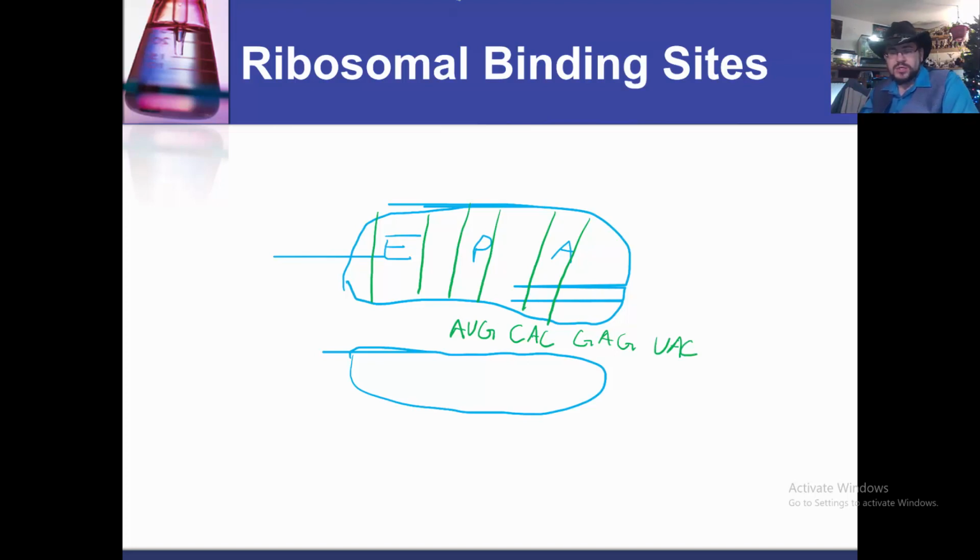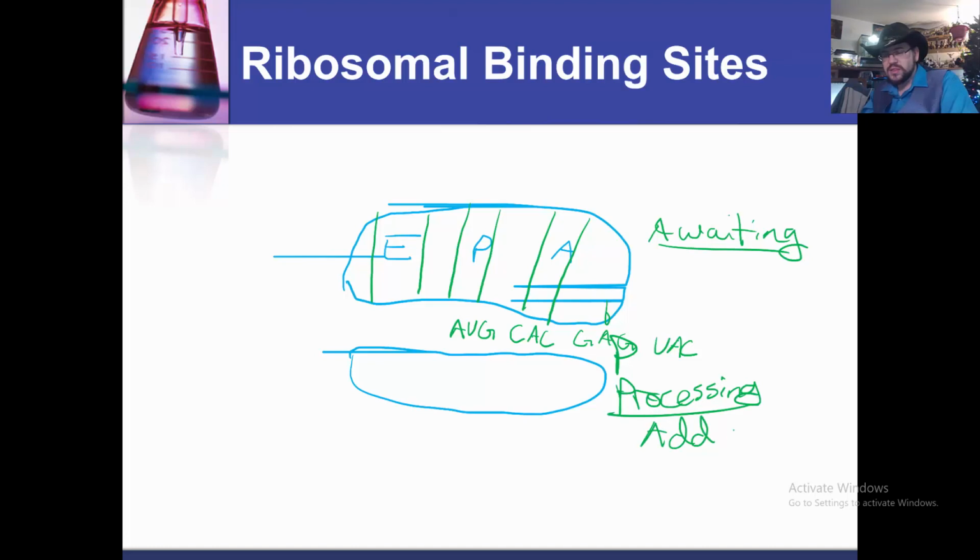And so we have the A. I like to call the A site the awaiting site. We're awaiting adding our amino acid. The P site is the processing site, where we actually add the amino acid on. And then the E site is my exit site, where the tRNA leaves.